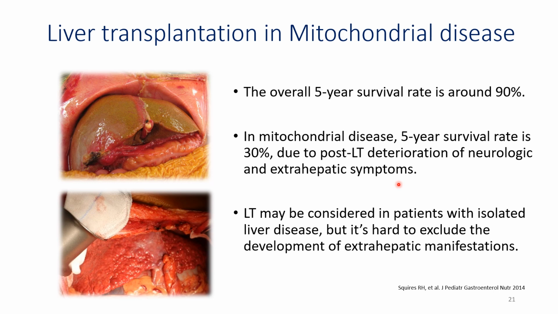So, liver transplantation for mitochondrial disease may be considered in patients with isolated liver disease. But actually, it is very difficult to exclude the development or deterioration of extrahepatic manifestation before liver transplantation.